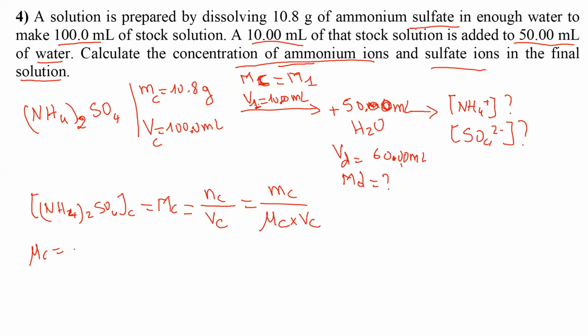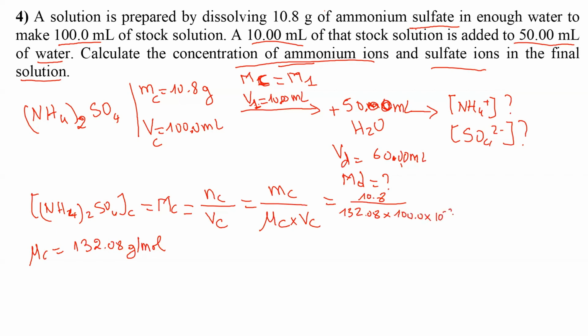If you calculate it, you will get 132.08 per mole. So the concentration of the initial solution will be equal to the mass, 10.8, divided by the molar mass, 132.08, times the volume, here 100 ml. Don't forget to convert it to liters.